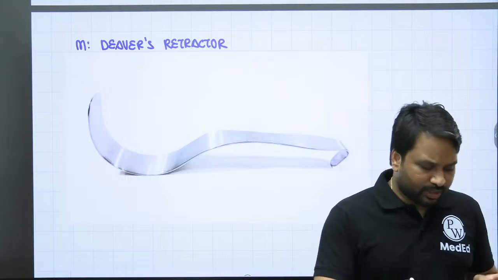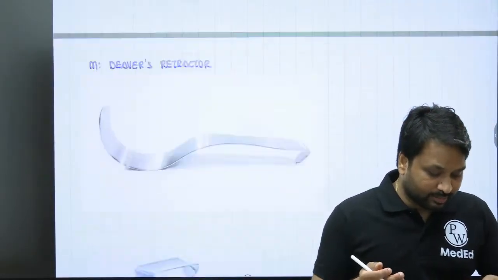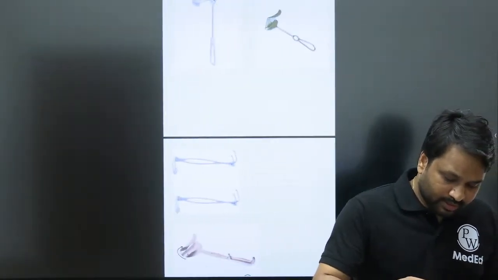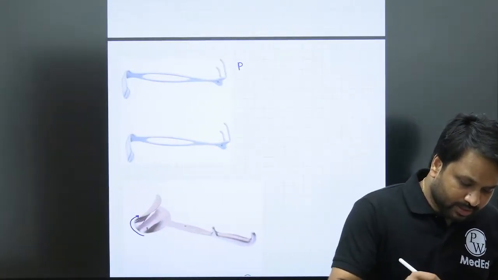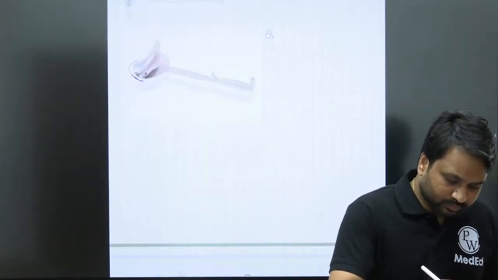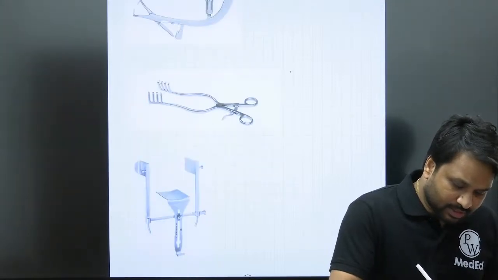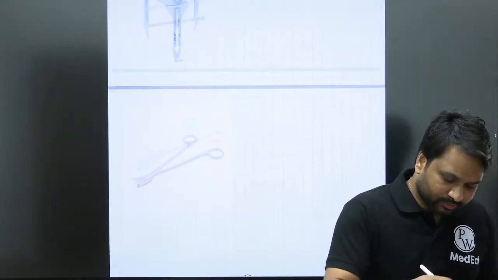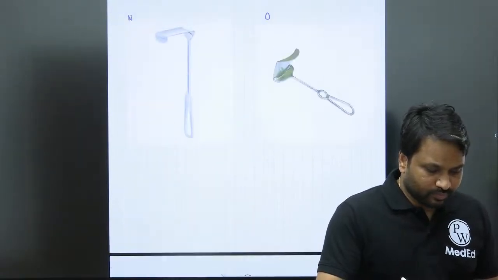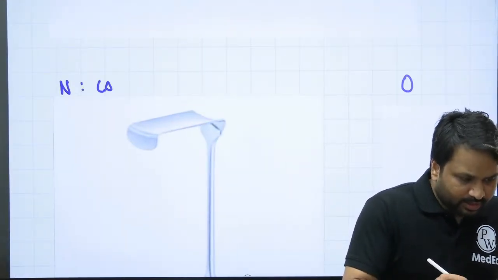The other two retractors are important. When you look at this, this is what we call the Langenbeck retractor.